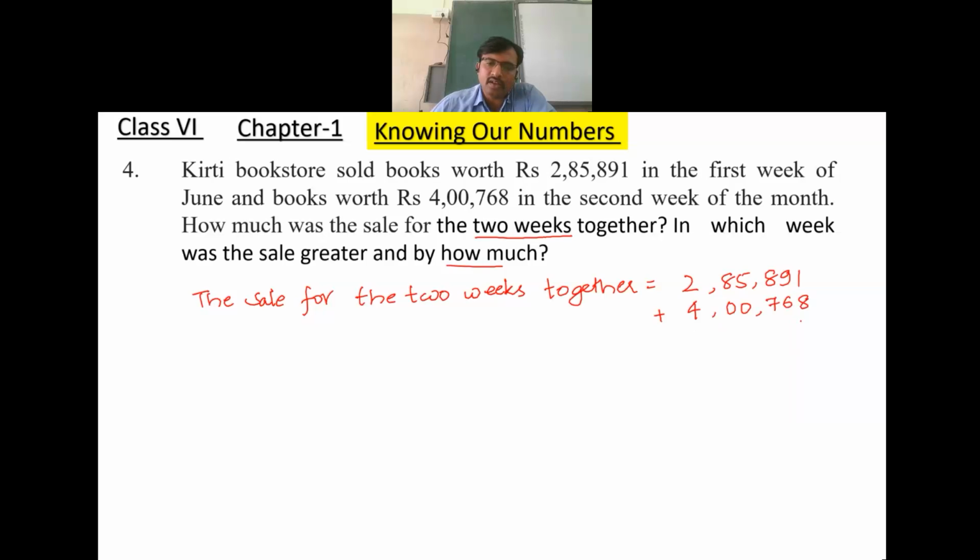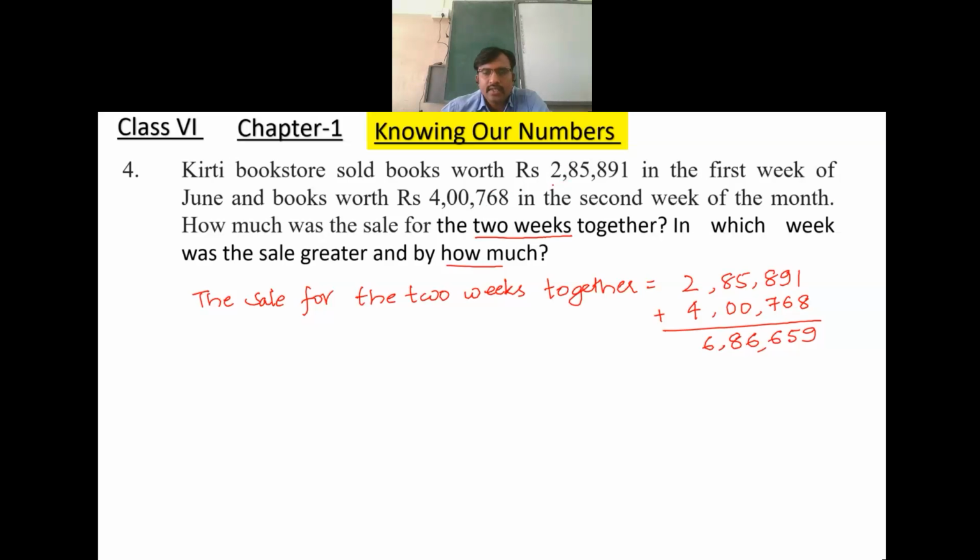Let's do addition. 8 plus 1 is 9. This will be 15. 1 carry. 8 plus 8 is 16. 1 carry. It becomes 86 followed by 6. So 6,86,659.